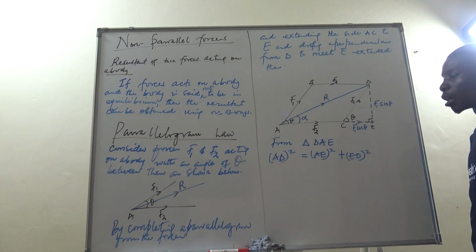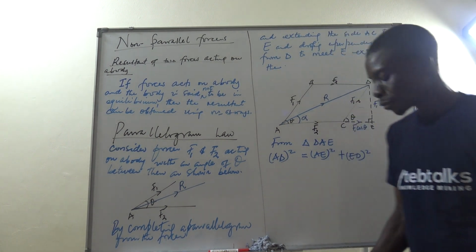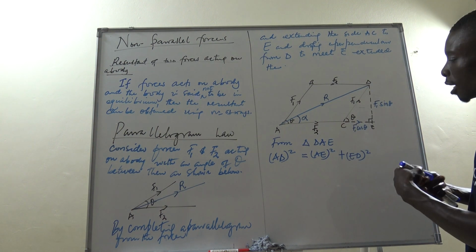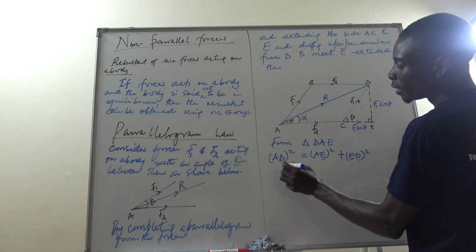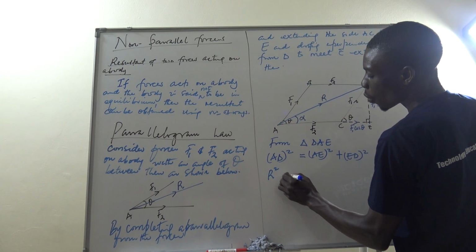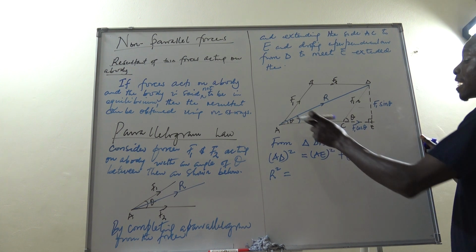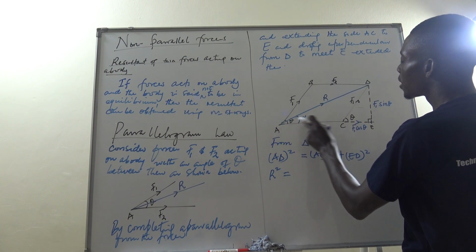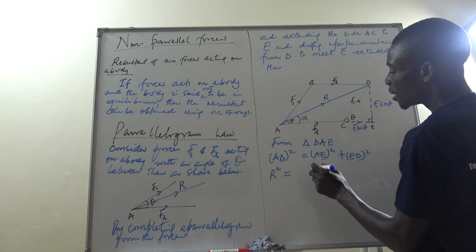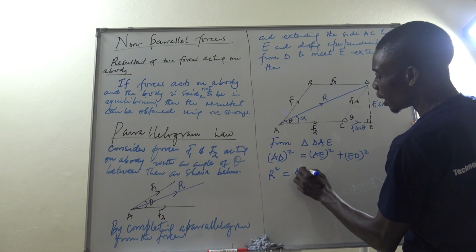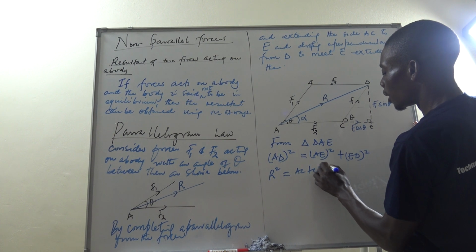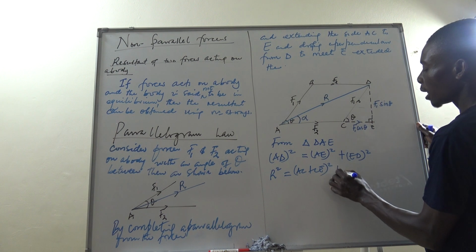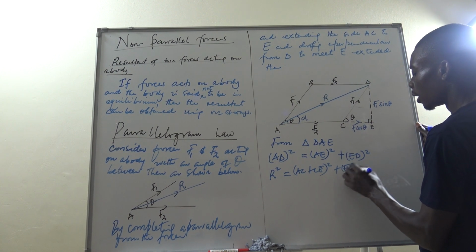Let me hope I'm not alone. We are together with you people. So, applying Pythagoras on this triangle here, what is my AD? My AD is R, so R squared is equaling to AE squared. What is my AE? AE is the same as AC plus CE, now squared, from here up there, this plus that, and then plus ED squared.